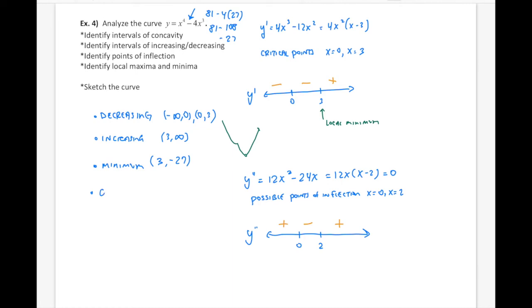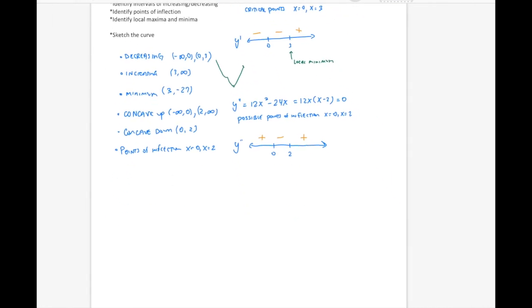We are concave up from negative infinity to 0. And again, from 2 to positive infinity. We are concave down from 0 to 2. And we have points of inflection at x equals 0, x equals 2.